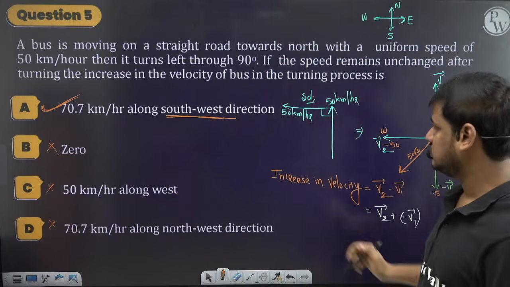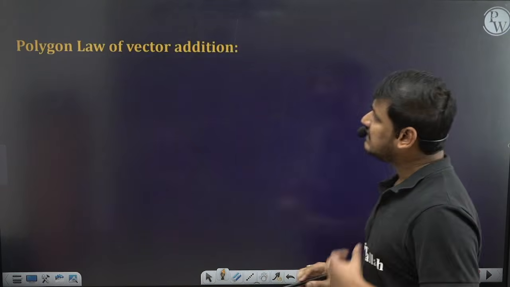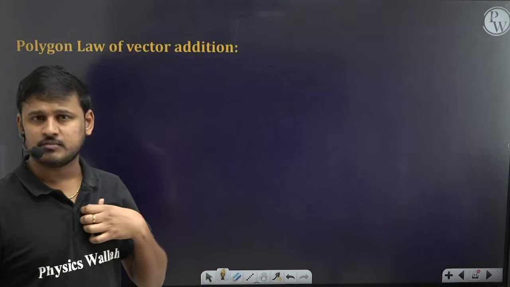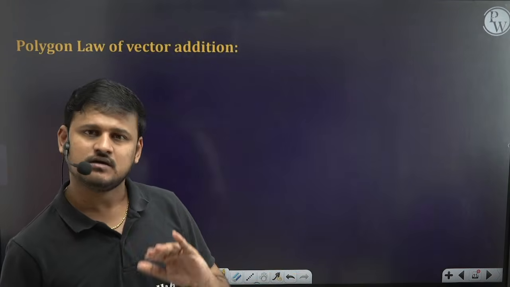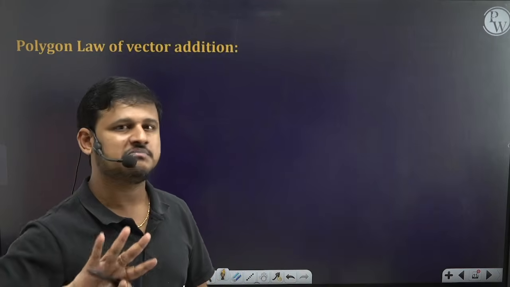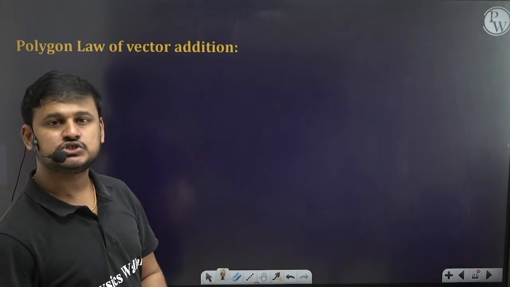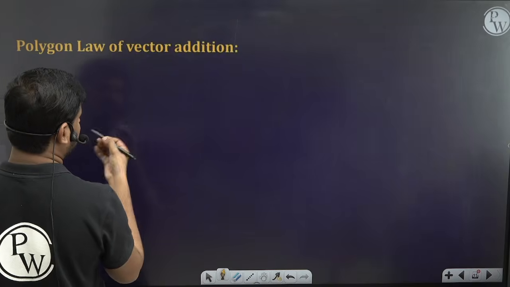Done? So let's move further. Then we have the polygon law of vector addition. This is only by the geometrical method; there is no formula for this. For the triangle law and parallelogram law, we have the geometrical method as well as the analytical method, and their analytical formulas are the same. But for the polygon law of vector addition, there is no formula, just the geometrical method.